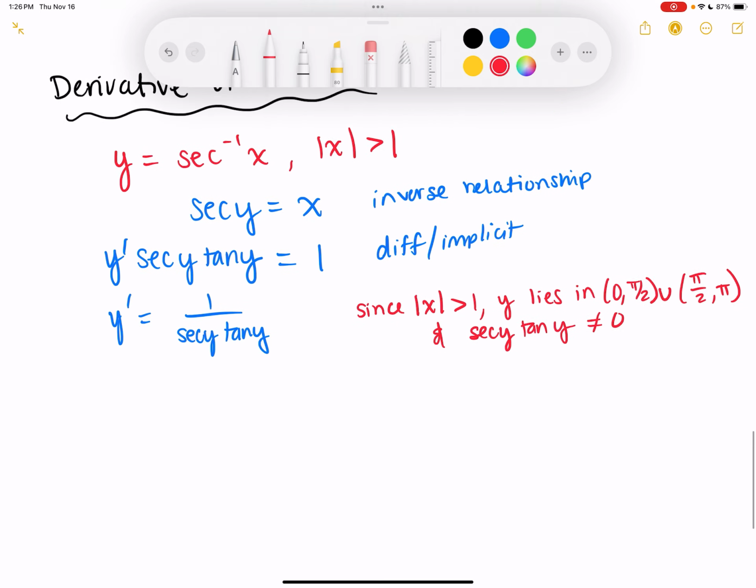That's what I thought, so I looked back there. Okay, all right, so we know that secant of y is equal to x, and tangent of y would be equal to plus or minus the square root of secant squared of y minus 1, from a Pythagorean identity.